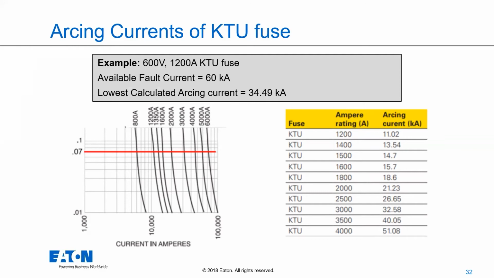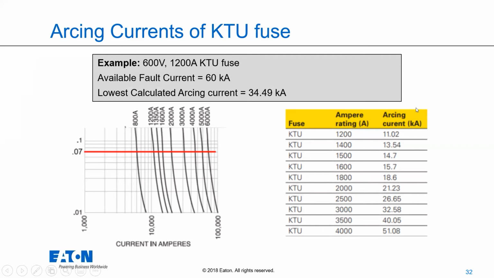So if the arcing current is sometimes too low, that's when you run into the need for this additional arc energy reduction. So high fault currents and higher voltage are a whole lot easier for a fuse to pass this test. It's lower arcing faults and lower voltages where the fuses tend to need the added help.